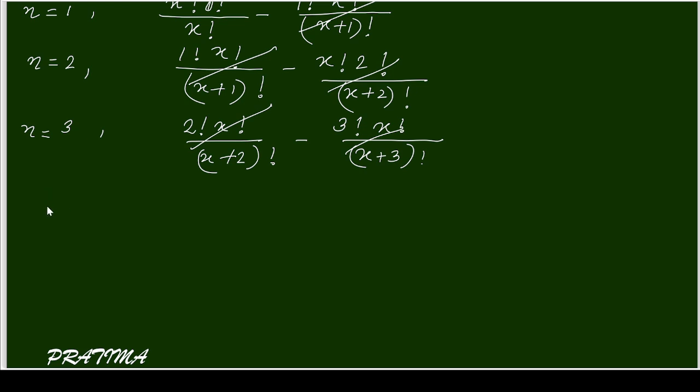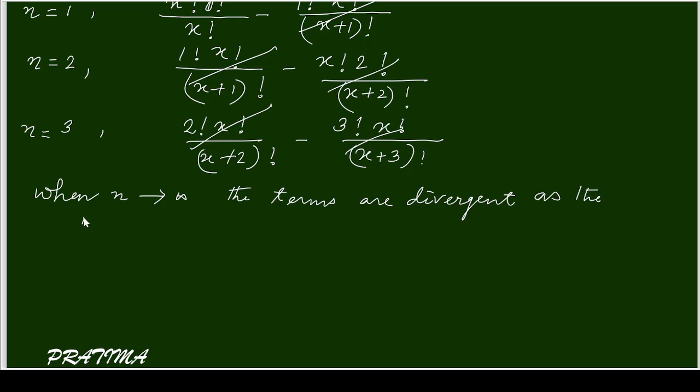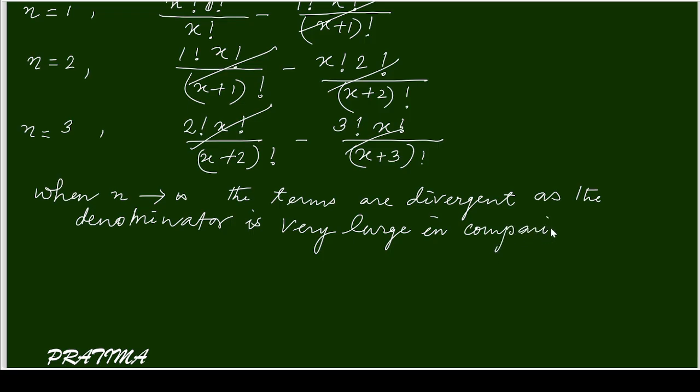As you go up to infinity, when n tends to infinity, the terms are divergent, as the denominator is large in comparison to the numerator.